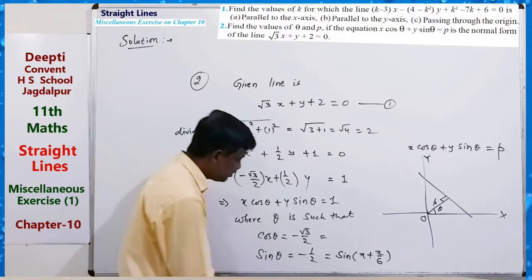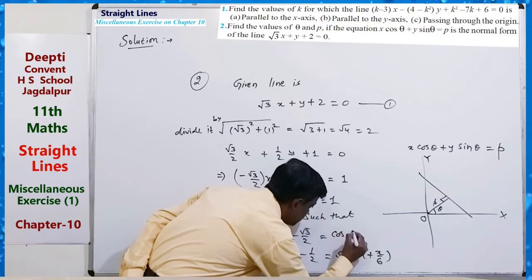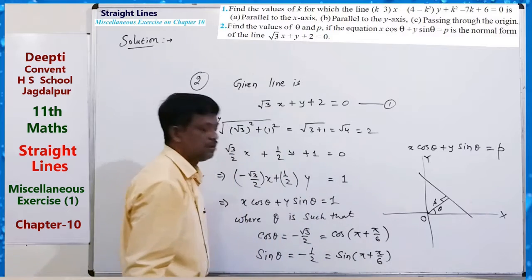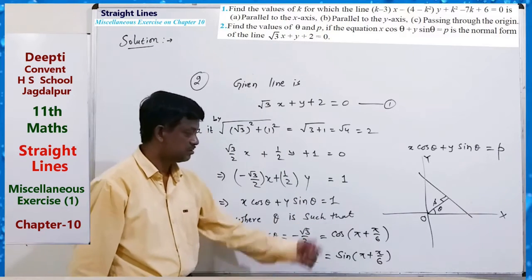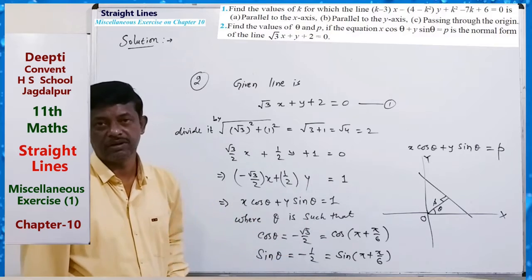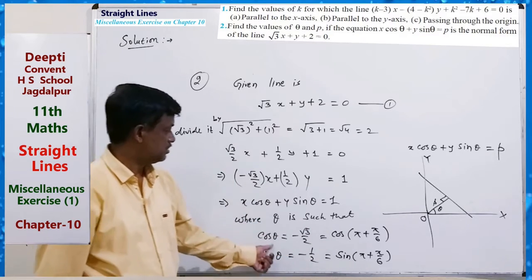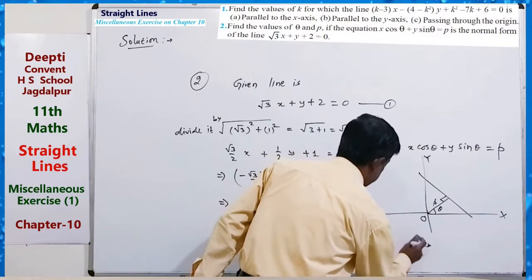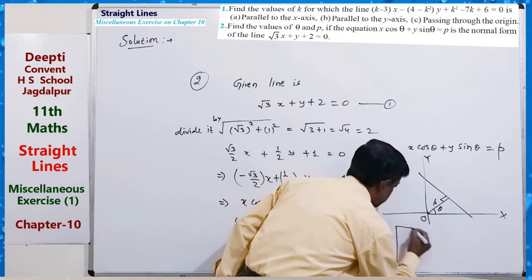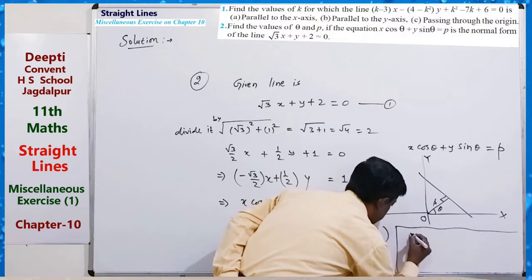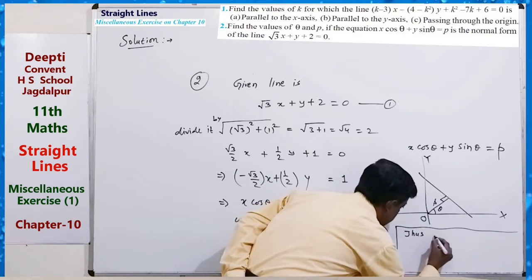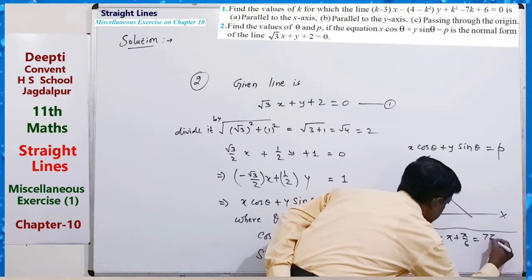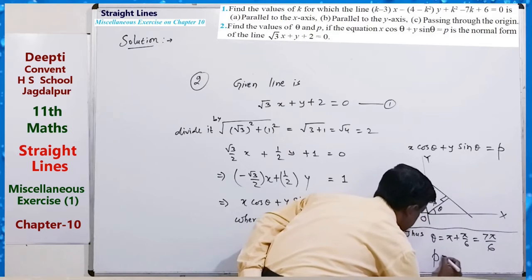Okay. Here we can see that this value will also satisfy cos, which is negative: cos pi by 6 is root 3 by 2. So theta equals to pi plus pi by 6, which means 7 pi by 6, and p equals to 1.